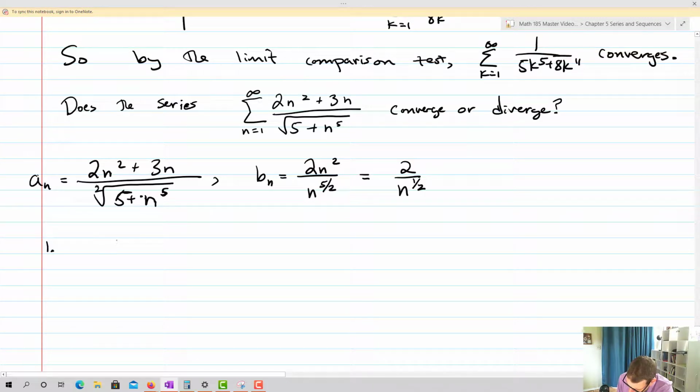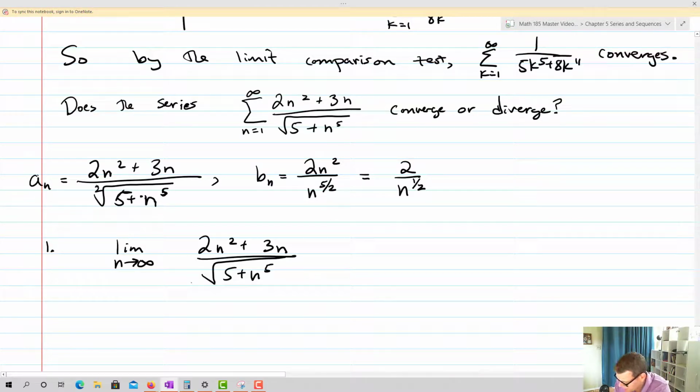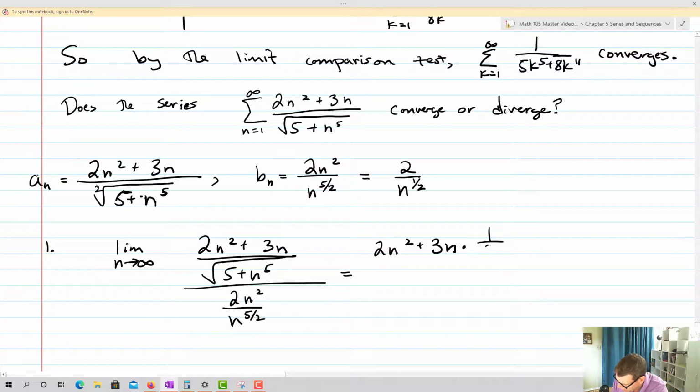So the limit as n goes to infinity of 2n squared plus 3n over the square root of 5 plus n to the 5th. And what I'm going to do is divide that through by 2n squared or n to the 5 halves, which is going to equal then 2n squared plus 3n, times, and then this will be 1 over 2n squared.